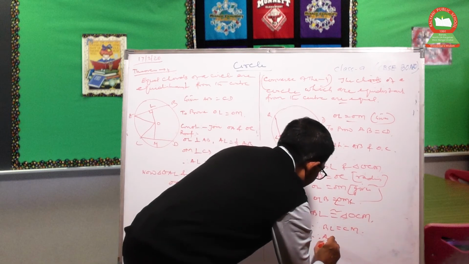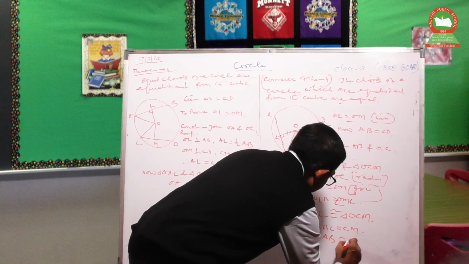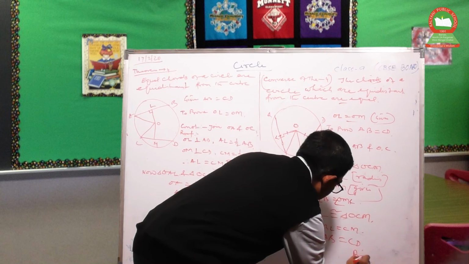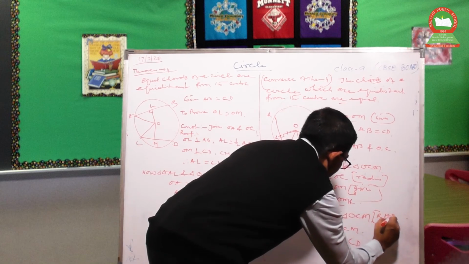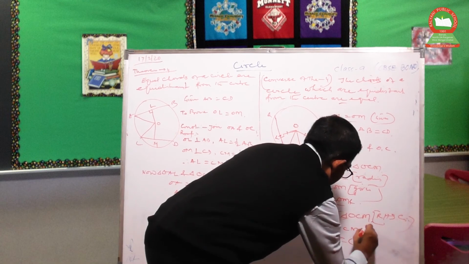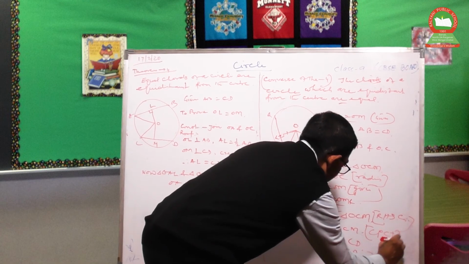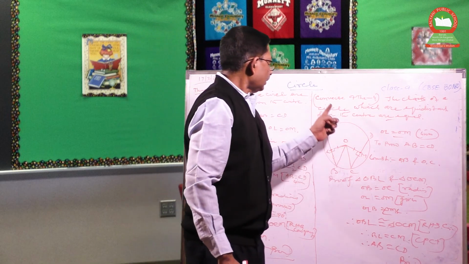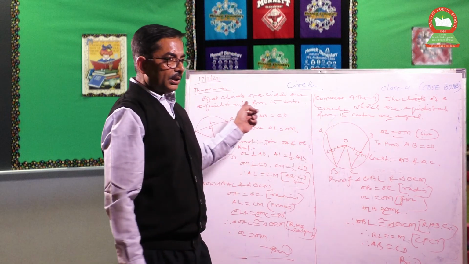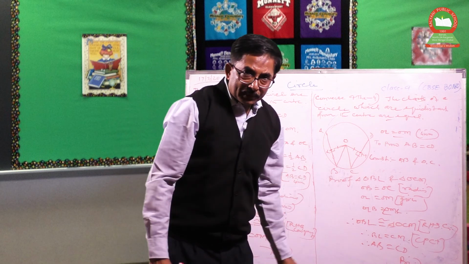Therefore, AB equals CD. This is proved, and this is RHS criteria, and this is CPCT. So these are the two theorems on the properties of the chord of a circle. Thank you very much.